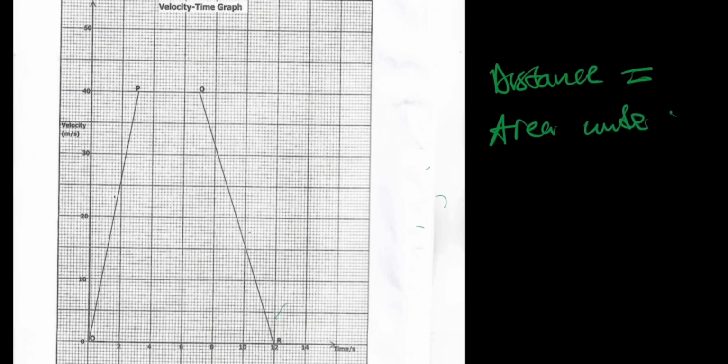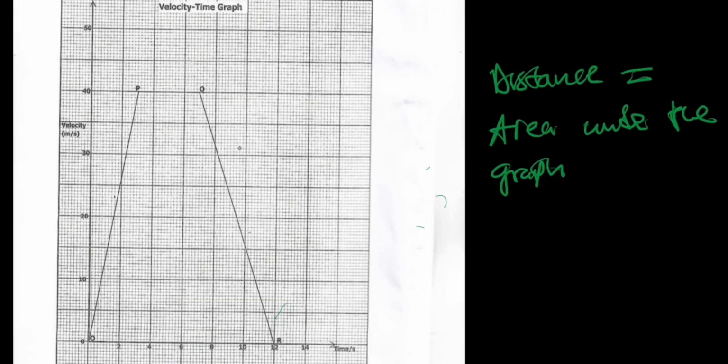Now question D says, calculate the total distance traveled by the motorcycle. Now, for you to calculate the total distance, you have to understand that distance is equal to the area under the graph.